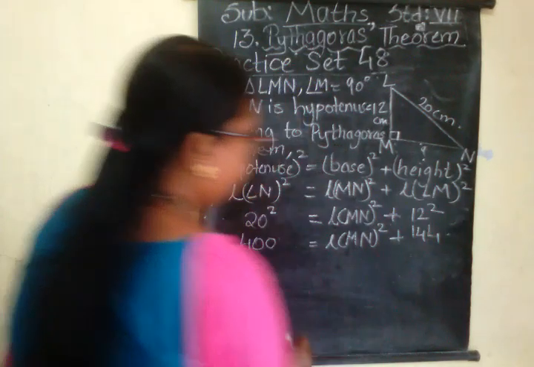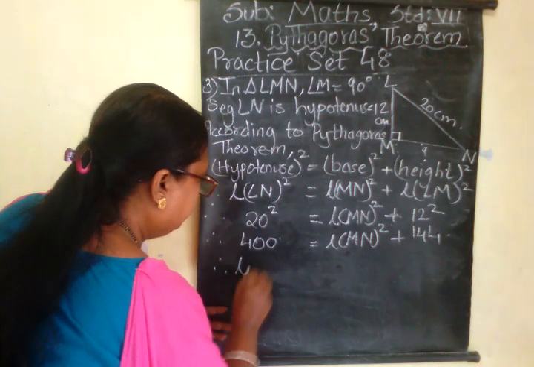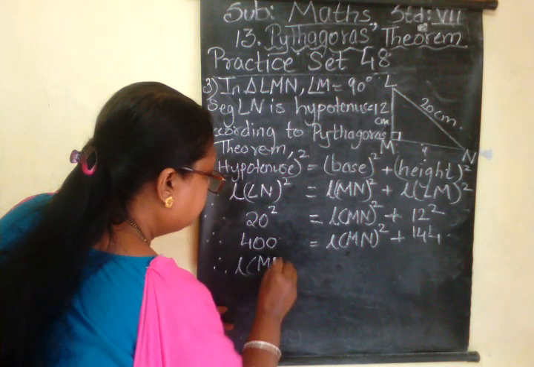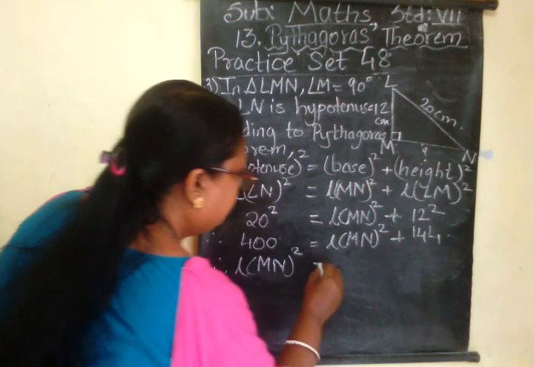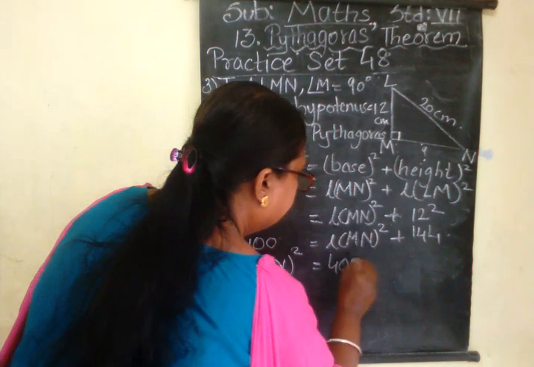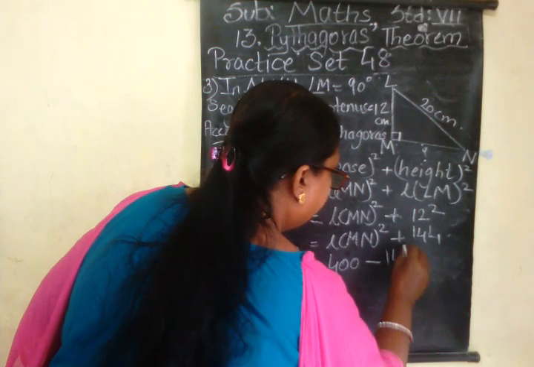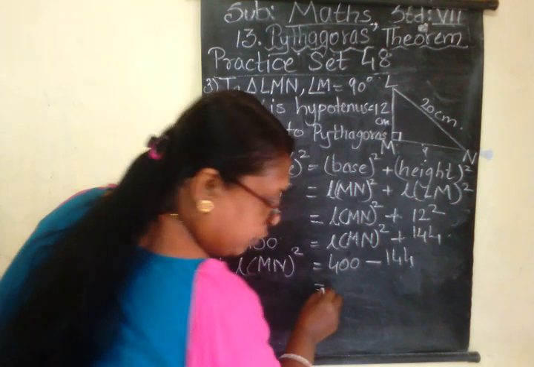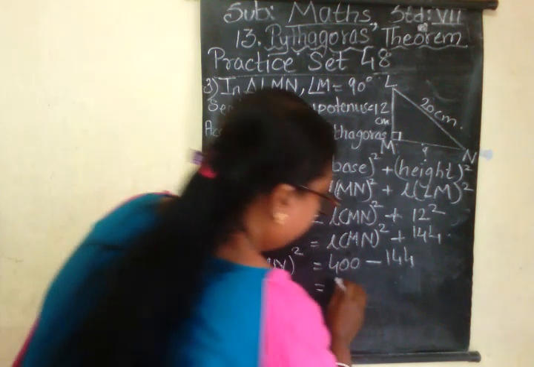12 square is 144. So therefore length MN square is equal to 400 minus 144. 400 minus 144 gives you 256.